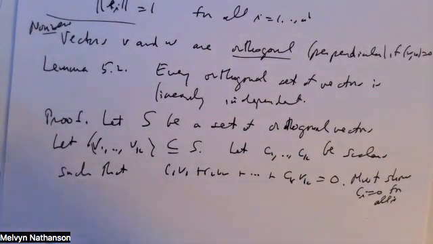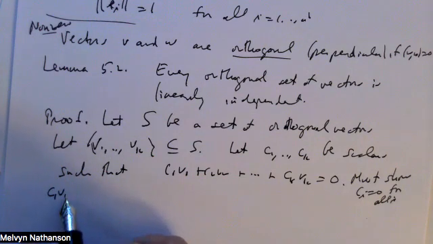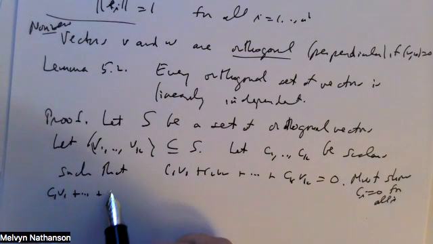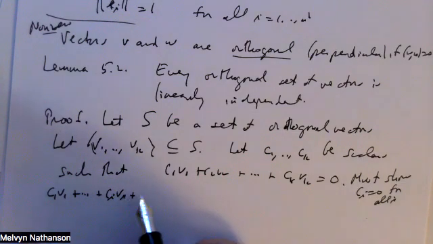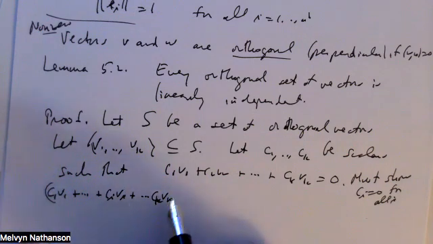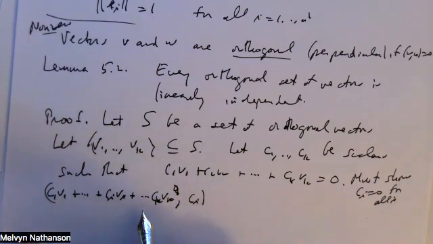How do we prove this? Well, suppose I take the inner product of c1 v1 + ... + ci vi + ... + ck vk with the vector vi. Because this is an inner product, it's bilinear.